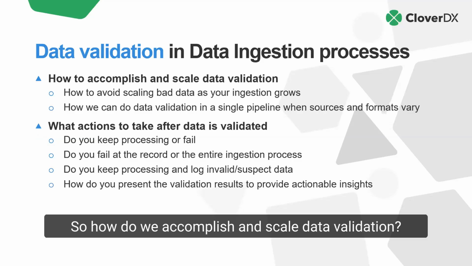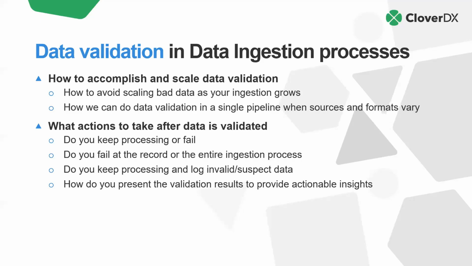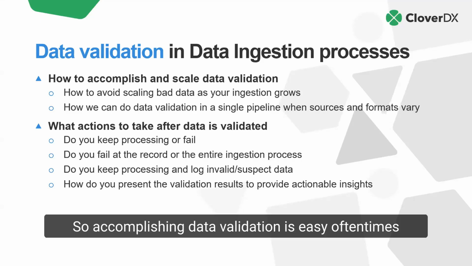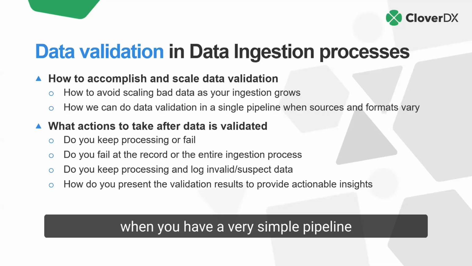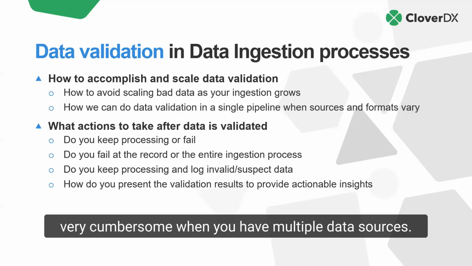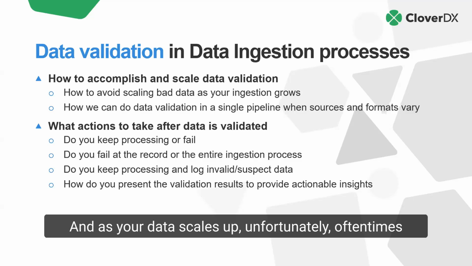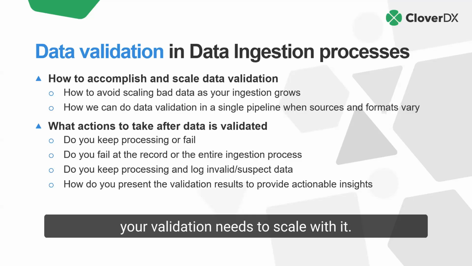So how do we accomplish and scale data validation? Accomplishing data validation is easy when you have a very simple pipeline with one source system, but it can also get very complicated and cumbersome when you have multiple data sources. And as your data scales up, unfortunately, your validation needs to scale with it. As you get more data, oftentimes you get more bad data.